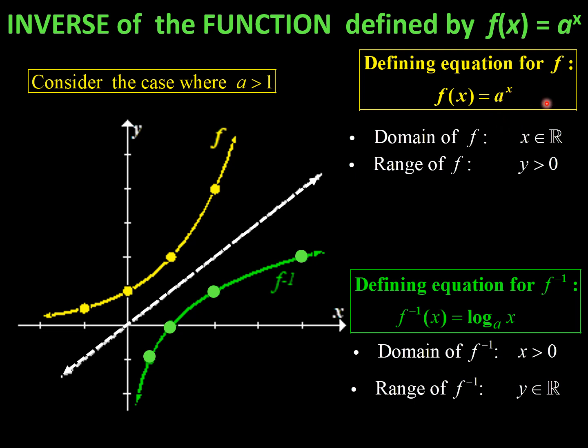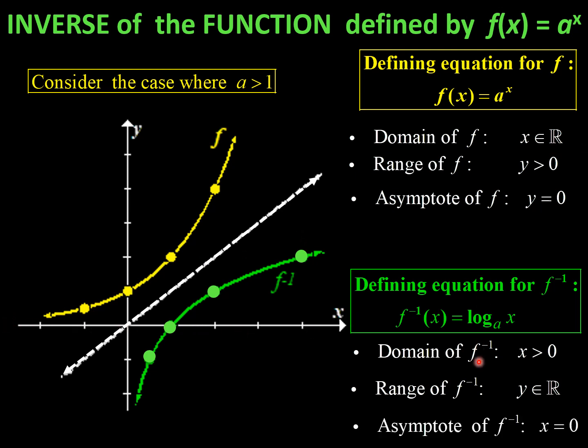The exponential has a horizontal asymptote, so the logarithm will have a vertical asymptote. This horizontal asymptote was y equal to 0, and the inverse one has x equal to 0.